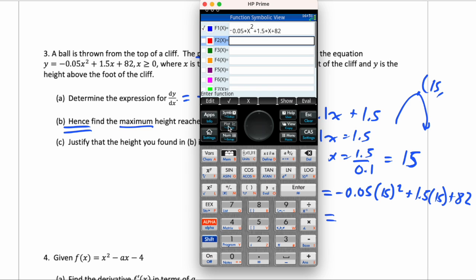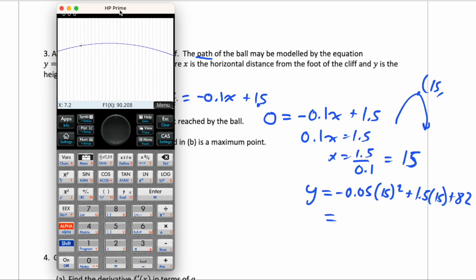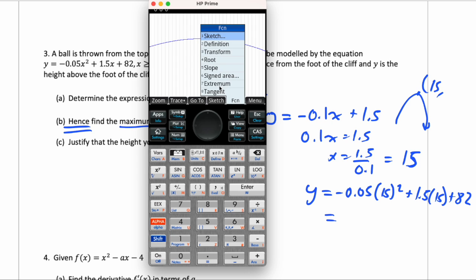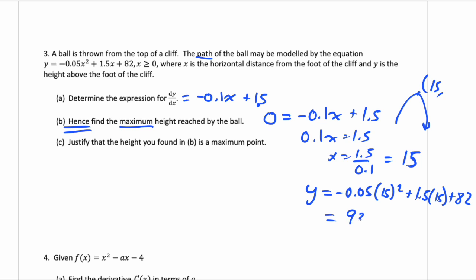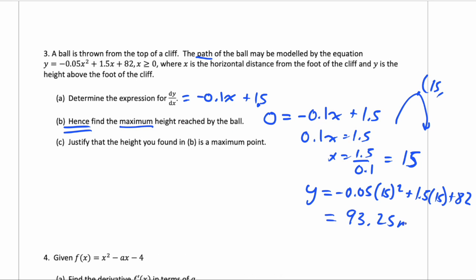Okay, so let's plot it. There's the parabola. I can see the maximum. So let's just calculate the maximum, and that'll be the answer. That's 93.25 meters.